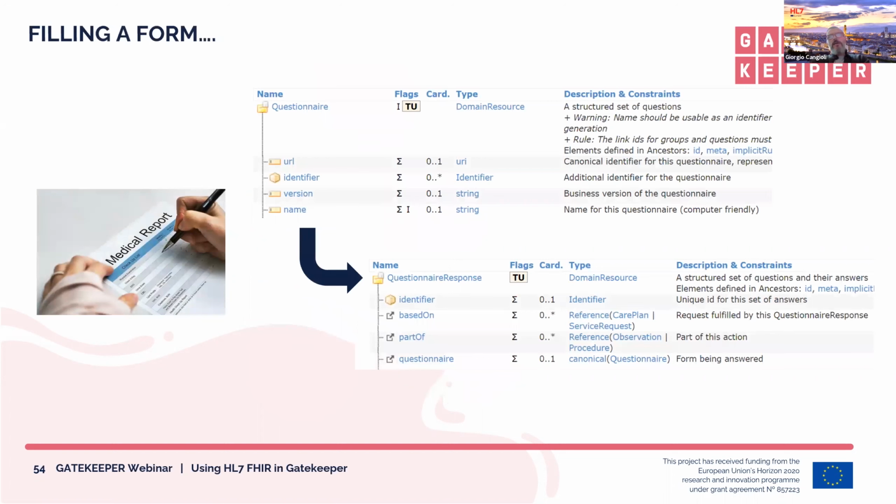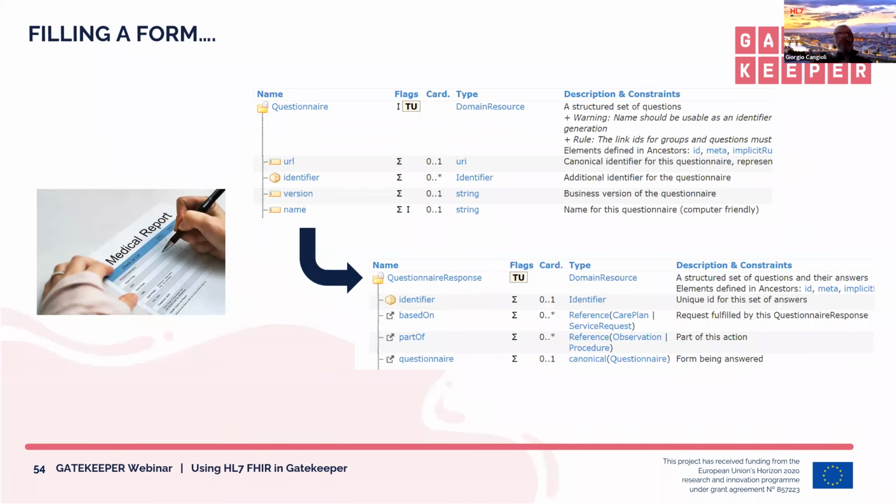Or there are cases in which you want to collect some data through a questionnaire. So you can define a questionnaire, which is a definition resource, that says, okay, these are the kind of questions that I would like to ask.